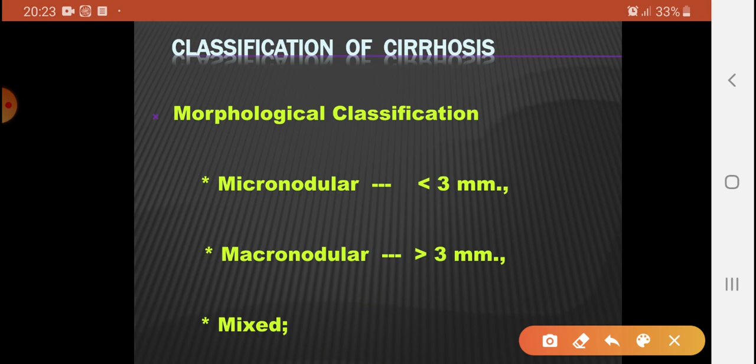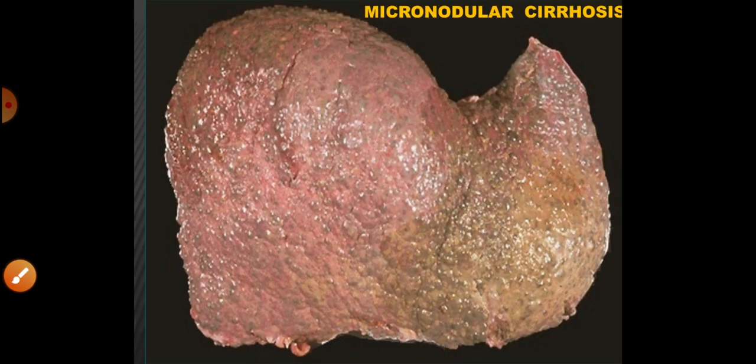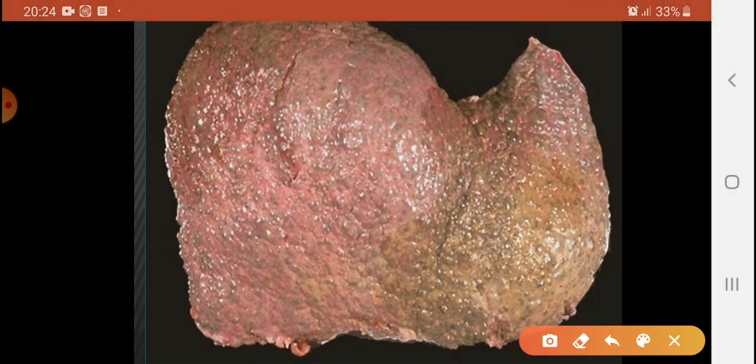Let us now see the various types of gross specimens in different morphological types of cirrhosis.